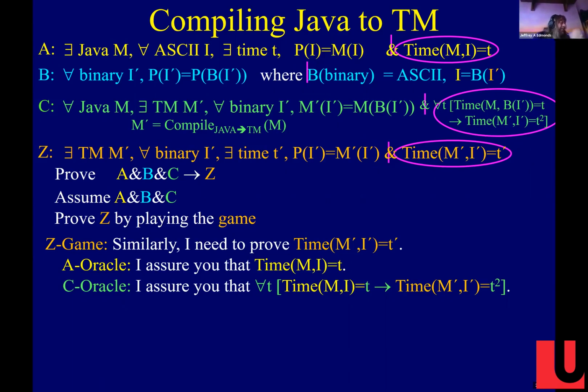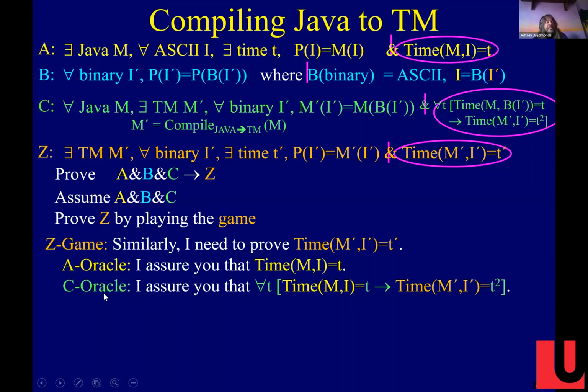Before, we were looking ahead: we chatted with Oracle C on the side and said, hey Oracle C, what's our running time going to be? And she said, take the input and square it. Now we're actually doing the proof. So everybody agree that Oracle A assured us of the Java program's running time.